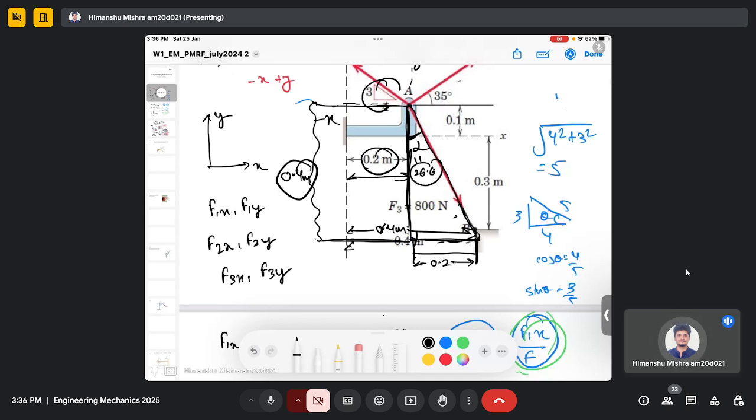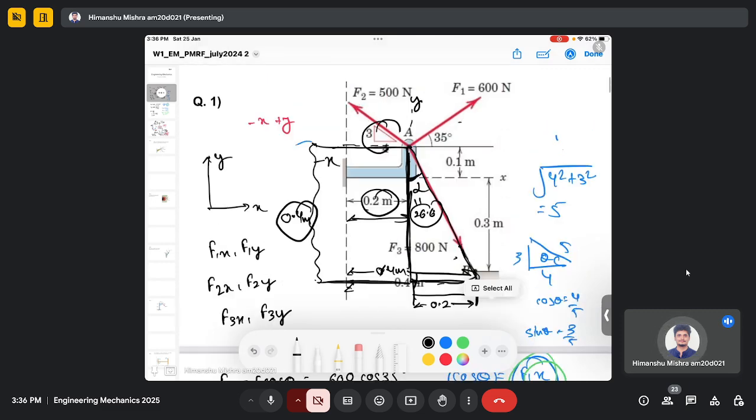Now you get the angle here, like in the first part of this problem you had 35. In this part you calculate the angle. Now once you calculate the angle, it is pretty much easy to calculate the component.